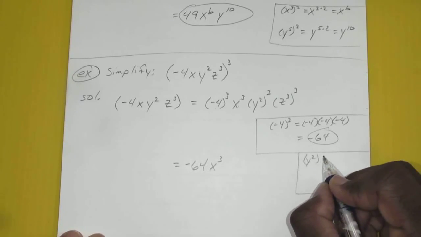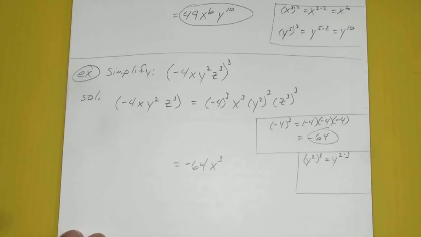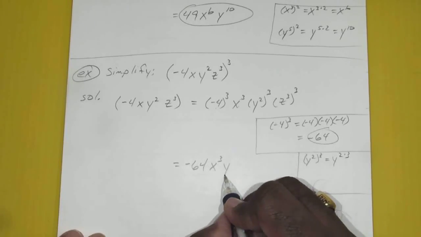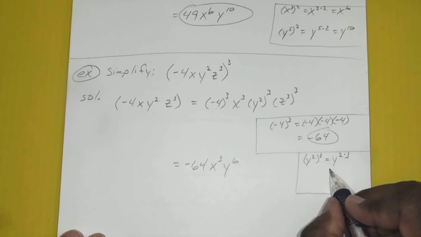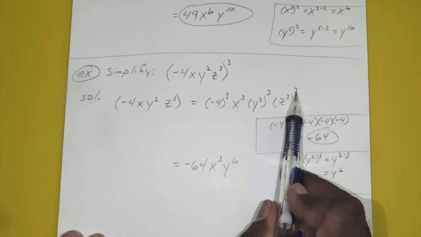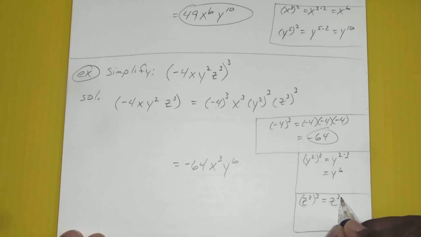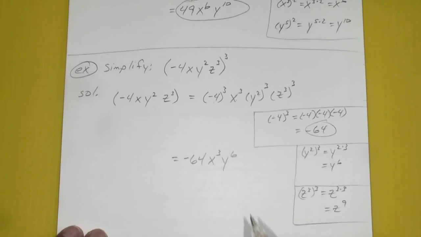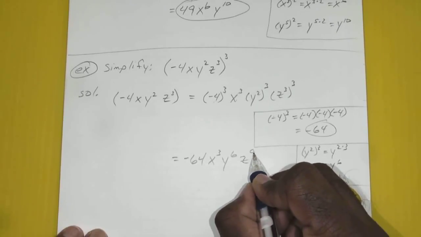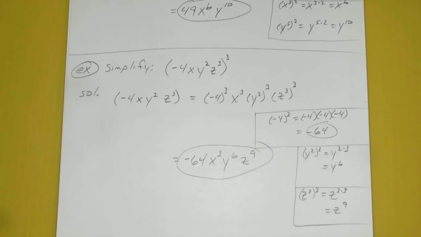Y squared to the 3rd is y to the 2 times 3. So you have y to the 6th power. And z to the 3rd power to the 3rd power is z to the 3 times 3, which is z to the 9th power. So that would be your simplified answer there.